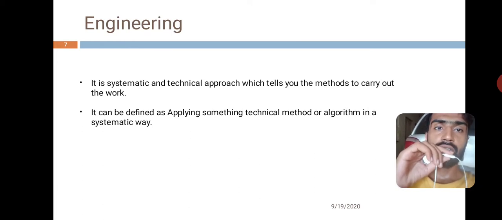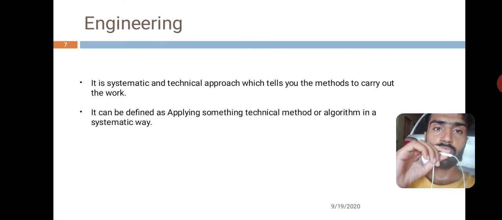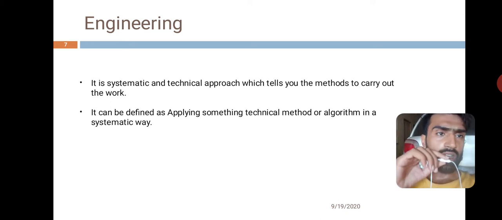Engineering is a systematic and technical approach which tells you how to carry out the work. It can be defined as applying some technical method or algorithm in a systematic way.